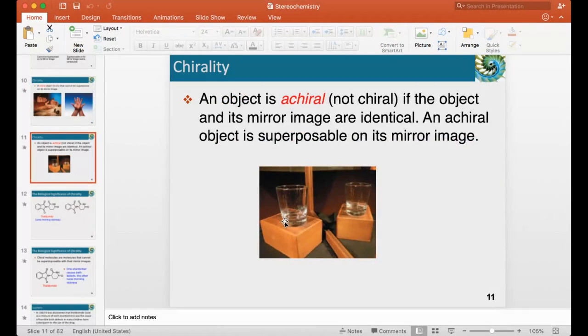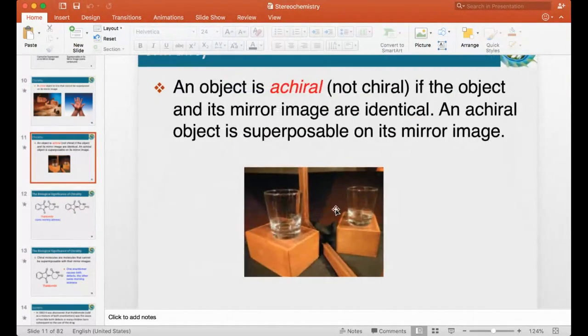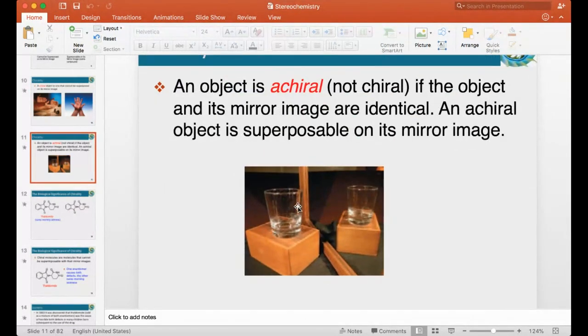Here is another example of a glass of water. So this glass has no pictures or anything on the surface. If we put a mirror right here, here we have another glass. So can we superpose the right glass on top of the left glass? Do they match if we superpose them?